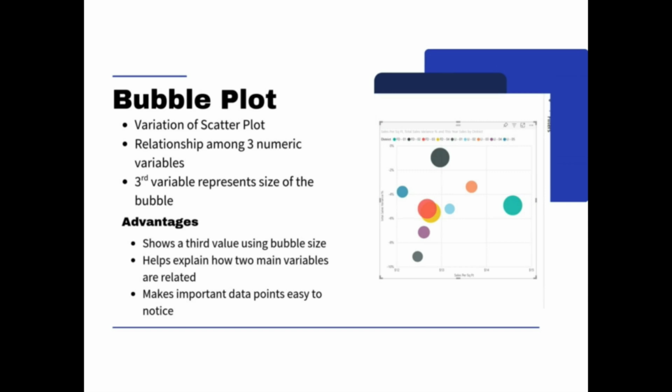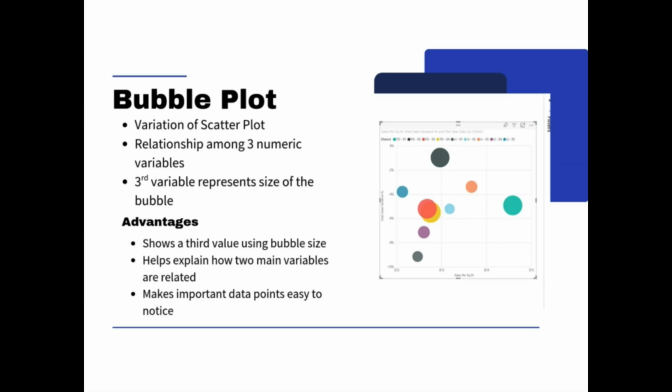Next is our bubble plot. The bubble plot is also a variation of the scatter plot in Power BI, and it will display the relationships among three numeric variables. I took this picture from the Microsoft Learning Portal, so you can see it is showing the relationship among three numeric variables, where the third variable represents the size of the bubble.